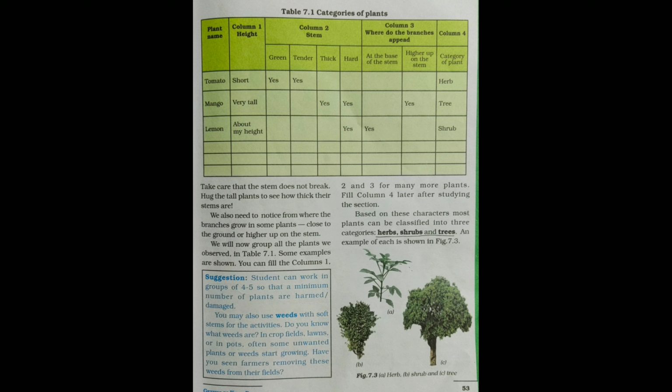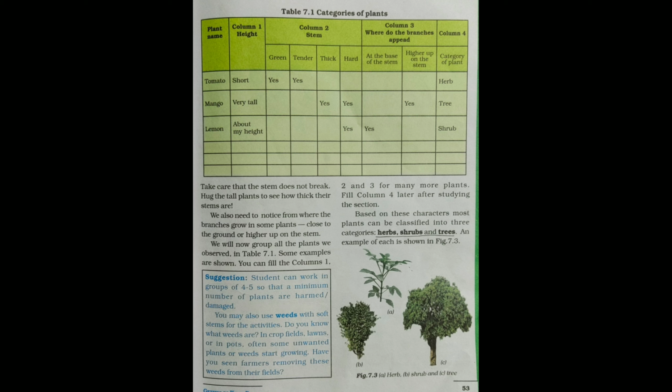So students, in your book on page number 53, in Table 7.1, categories of plants, you can see a table. There are columns given in the table.